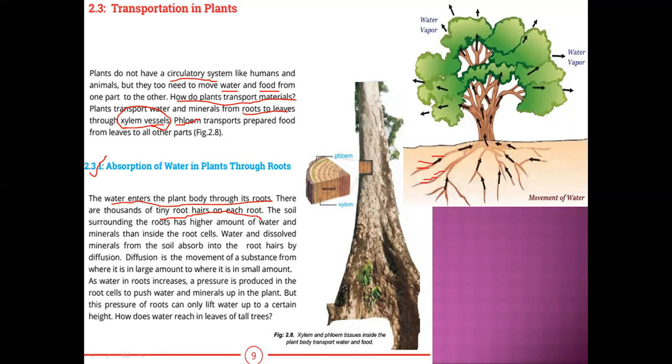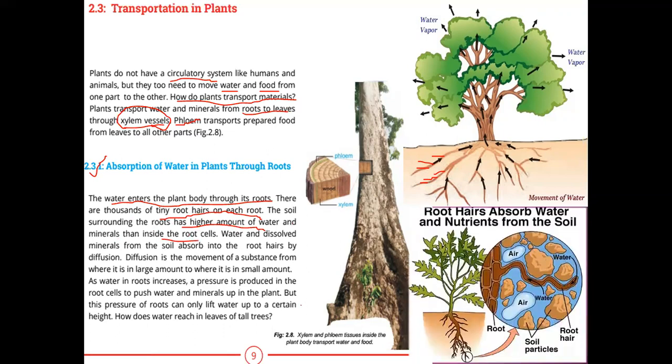The soil surrounding the root has a higher amount of water. In the soil, water and minerals are in greater amount than inside the root cells. If you see this diagram, these are the cells of the root, and you see here an enlarged view of this picture, so you see that this root hair is arising from this root, and this is a very thin layer.